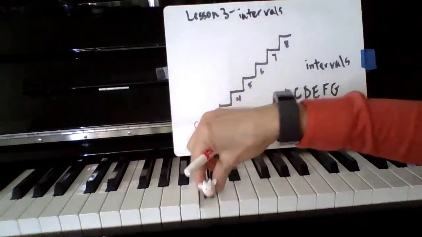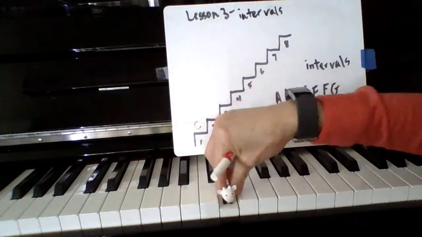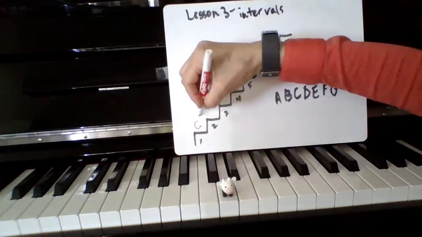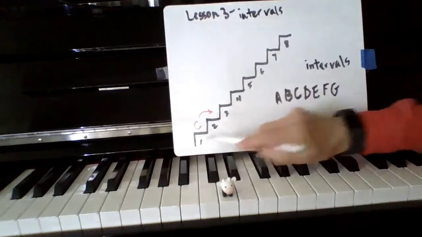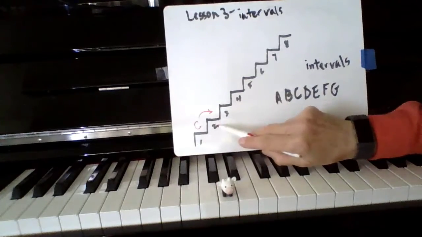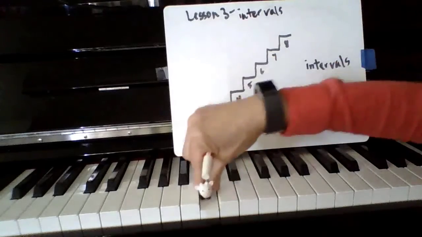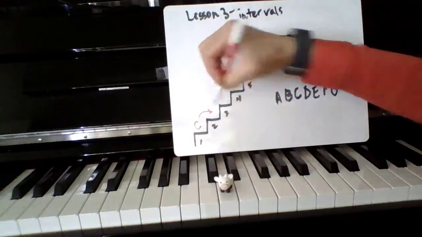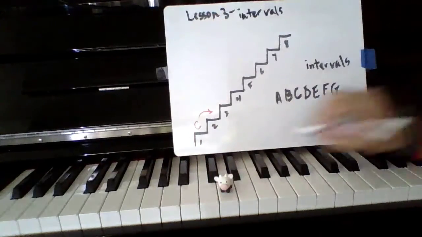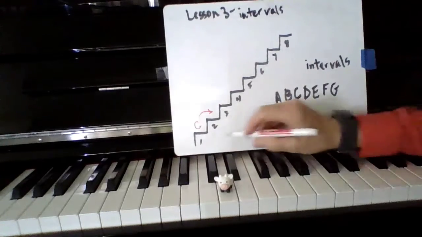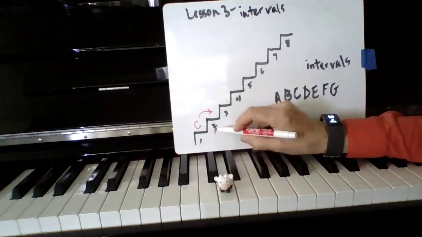Let's say that he's going to go up one step. So he goes up one step, from 1 to 2. That interval from C to D, because now he's on the D spot, would be called a second, because he's on the second step.